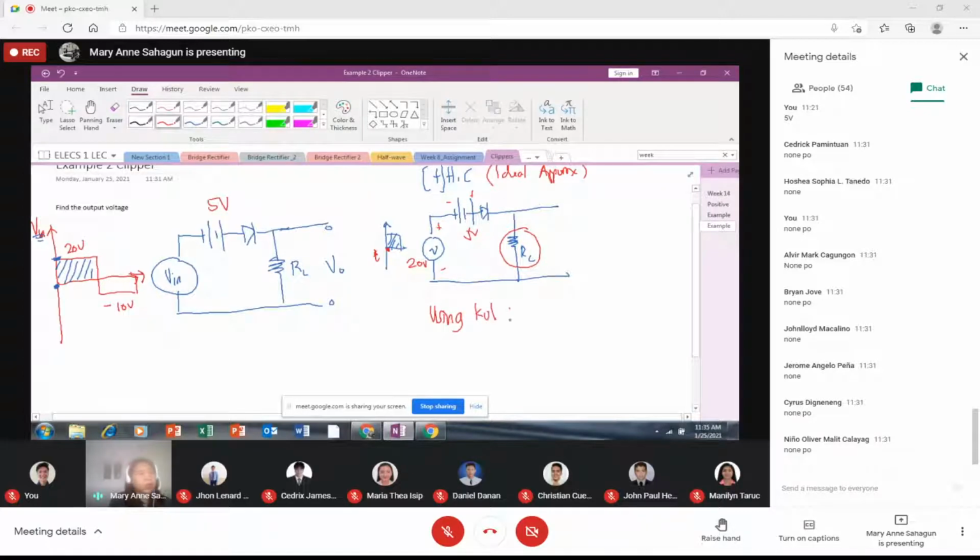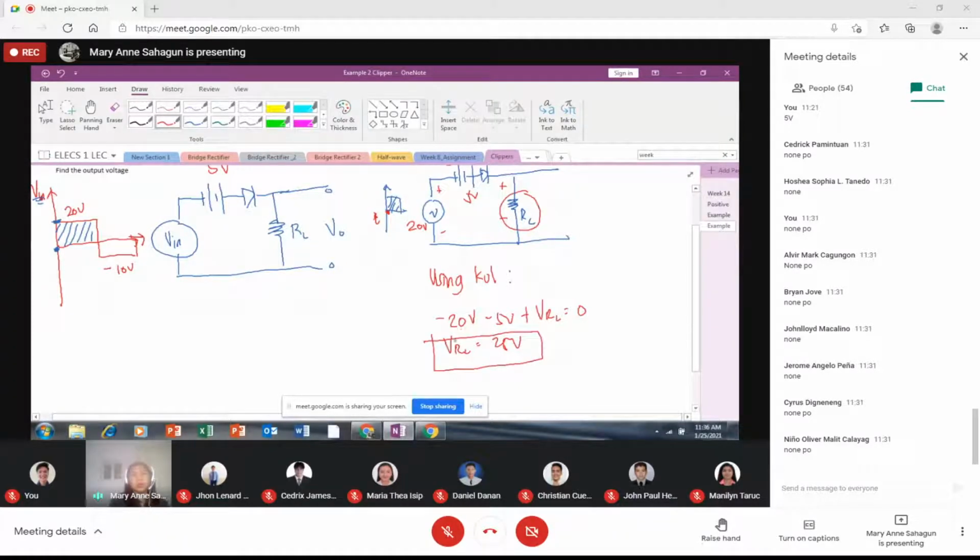So using KVL, we can have here negative 20 volts, okay? Negative 5 volts, okay? If it is positive, then the drop across your RL is also positive, plus VRL equated to 0. Therefore, your VRL is simply equal to 25 volts.